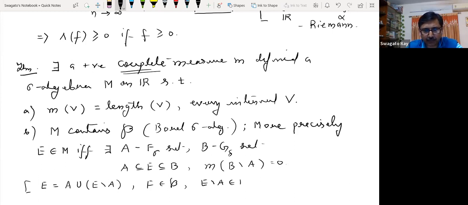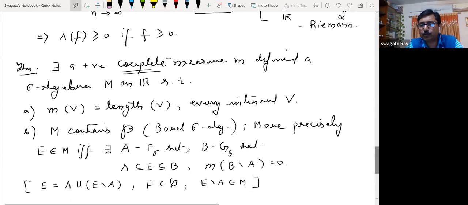So that is what I wanted to mean when I said that the difference between B and M, as far as cardinality is concerned, is huge, but not measure theoretically. In the sense, if you take Borel sets and go on adding measure 0 sets to them, you will actually get the whole Lebesgue sigma algebra. So the difference between a Lebesgue measurable set, that means an element of the Lebesgue sigma algebra, and a Borel measurable set, that is an element of the Borel sigma algebra, is basically a set of measure 0.